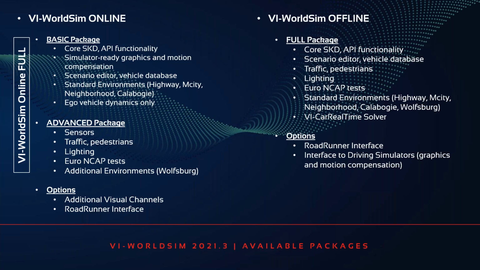And then it also has the same Roadrunner interface. And finally, that package is really designed for running offline. If you wanted to use those same licenses and sort of share them for doing offline work, but also run them on a simulator, there's an upgrade package or interface for all the driving simulated graphics and motion compensation that could be added to that offline. And then you've got a set of licenses that will run both online and offline. So there's some overlap there.